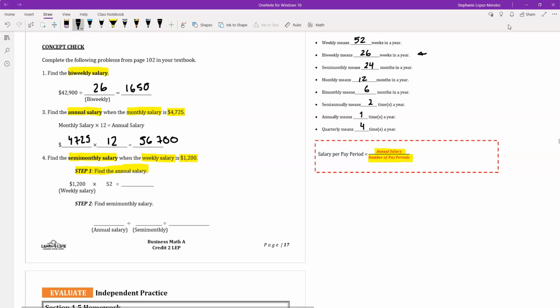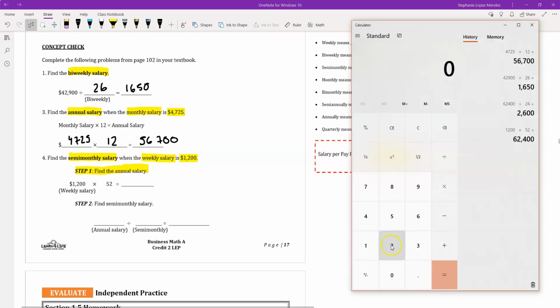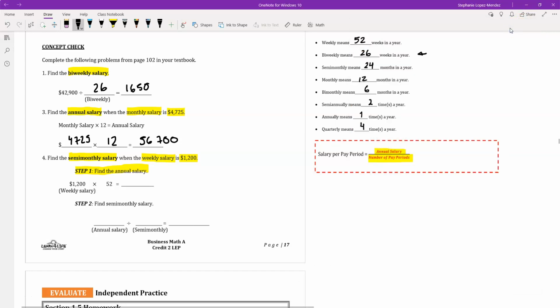So 1,200 times 52 weeks, since we get paid weekly, that amount. Go to my calculator, and I have 1,200 multiplied by 52. That is $62,400.